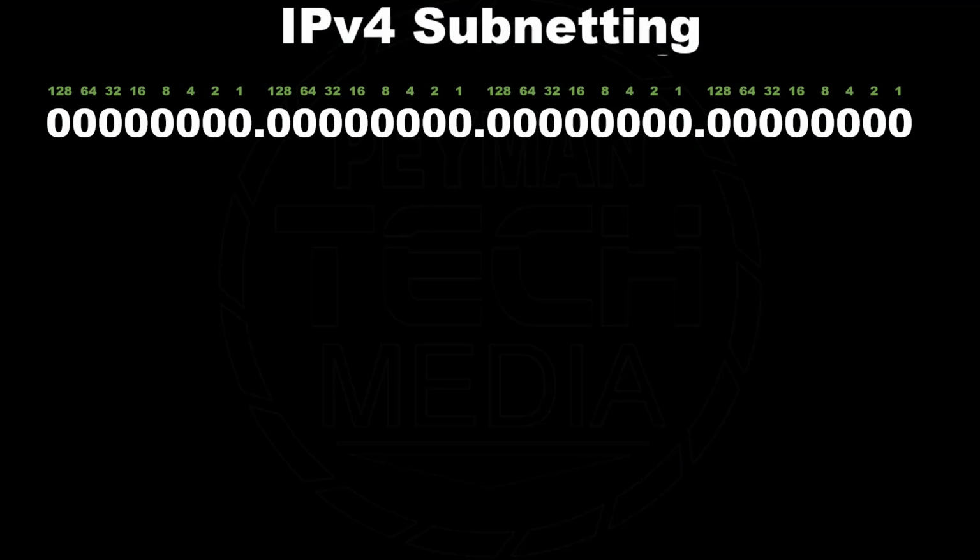In this exercise, they gave us a network address and a default subnet mask, and they are asking for 32 available IP addresses per subnet. 192.168.1.0, the network address and a default subnet mask. This is class C, right?